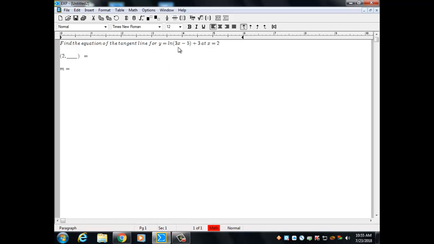So let's go with y equals ln of 3 times 2 minus 5, plus 3, which is the ln of 6 minus 5 plus 3, which is the ln of 1 plus 3, right?